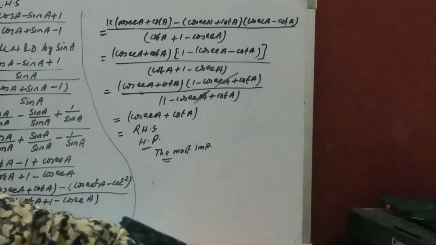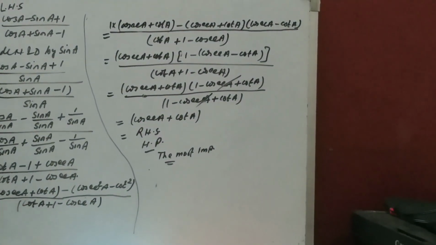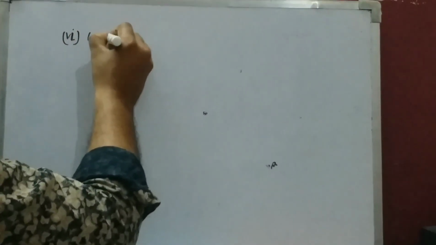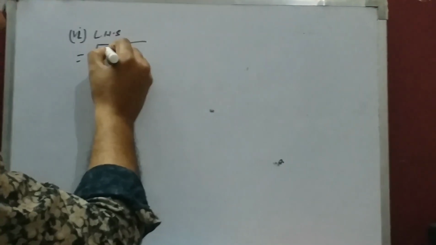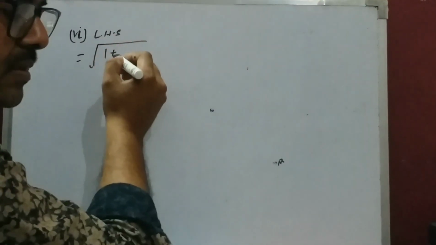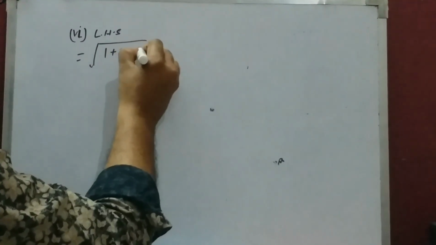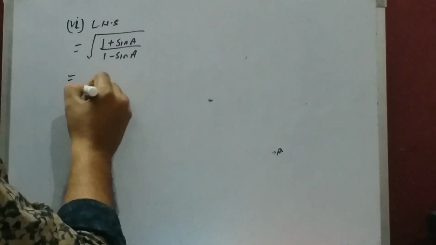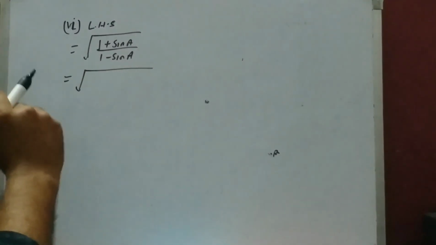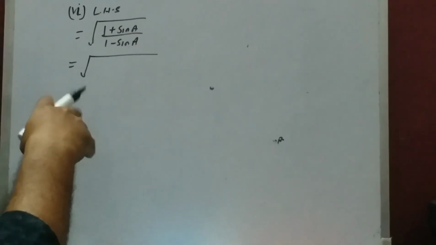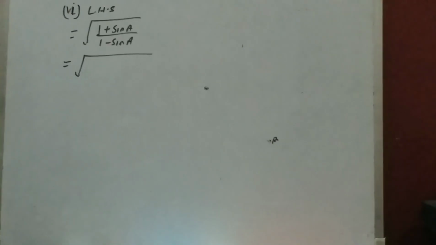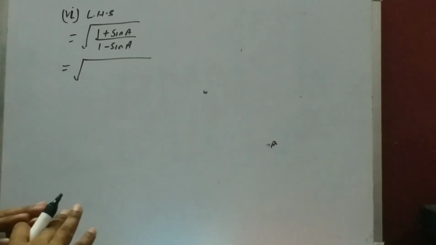Okay. Now question number 6th. LHS is equal to under root (1 plus sin A) upon (1 minus sin A). What is the motive here? If you see the RHS, you find there is no root in RHS.